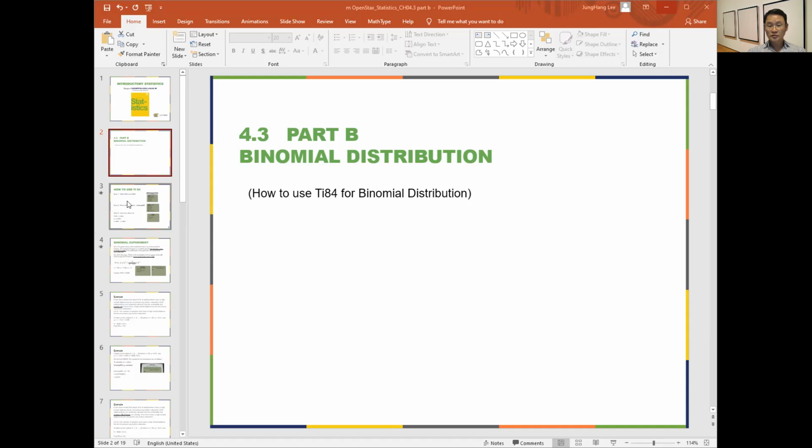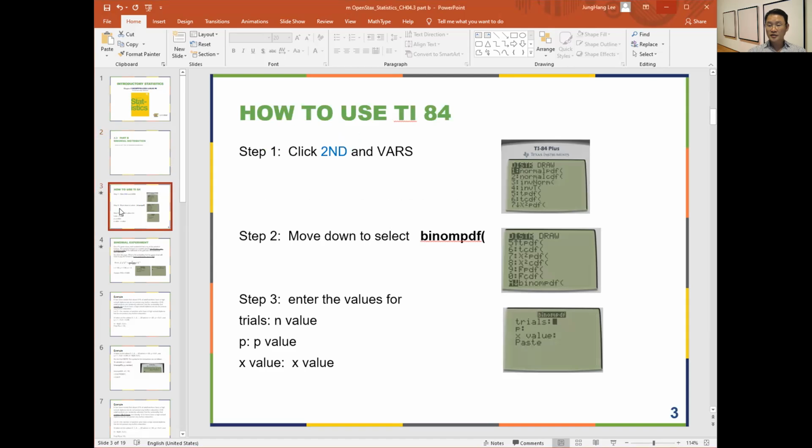So let's see how to access this binomial distribution. As you can see from here, first we need to press the second and VARS buttons. So I'm going to show you how we do this. You have to turn this on.